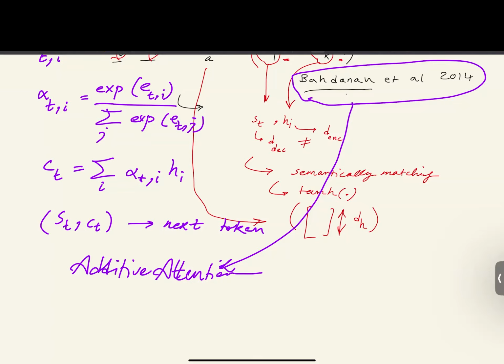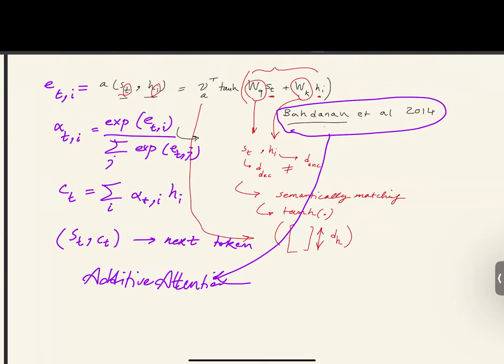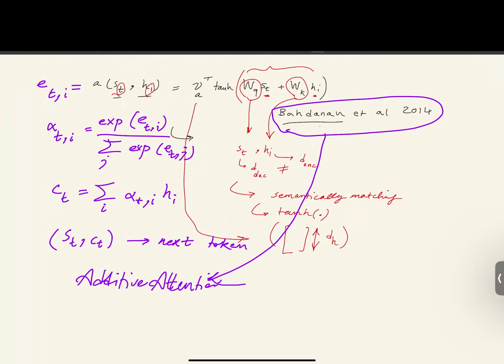However, additive attention requires this kind of complex fused operation. It's not pure matrix multiplication. So if we could do the same thing, but only with pure matrix multiplication, we could achieve massive speedups and, of course, scalability, which is something that we need for training large models.